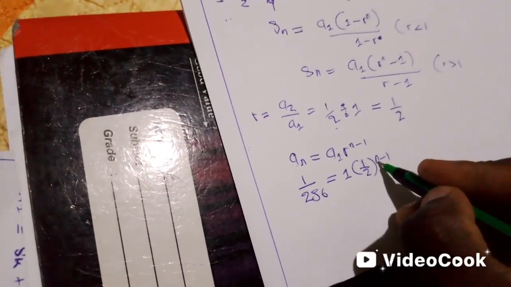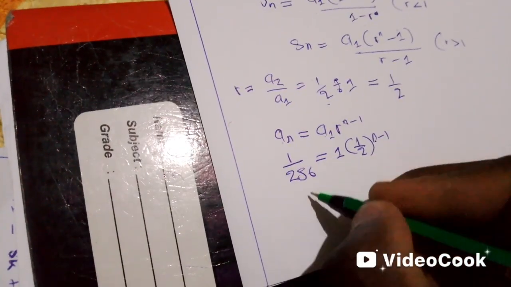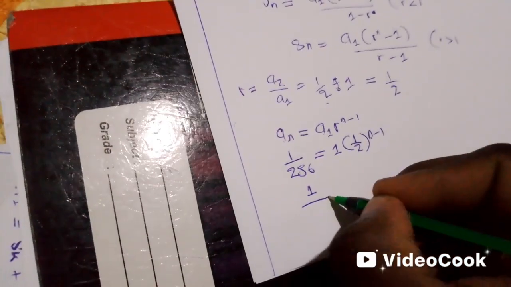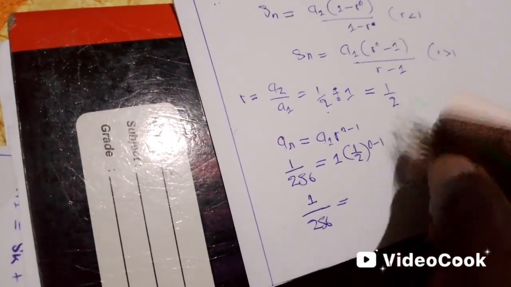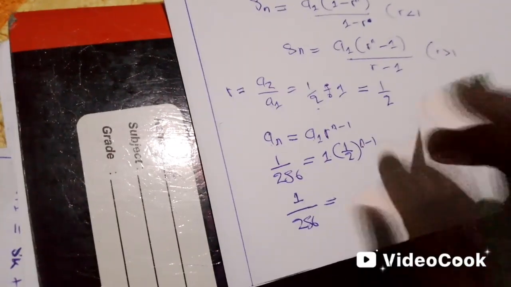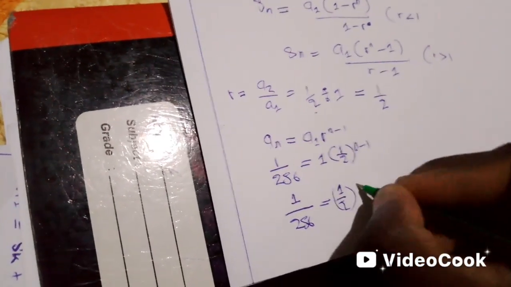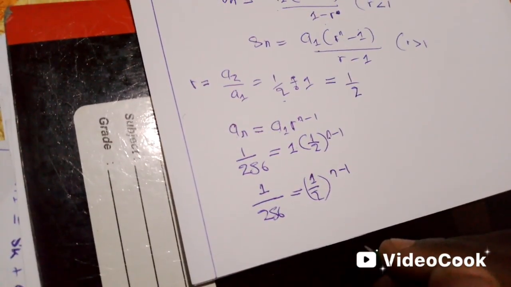We don't know the n, so we cannot do the minus. So 1 divided by 256 equals 1 multiplied with anything, the 1 can disappear, and we remain with half to the power n minus 1.